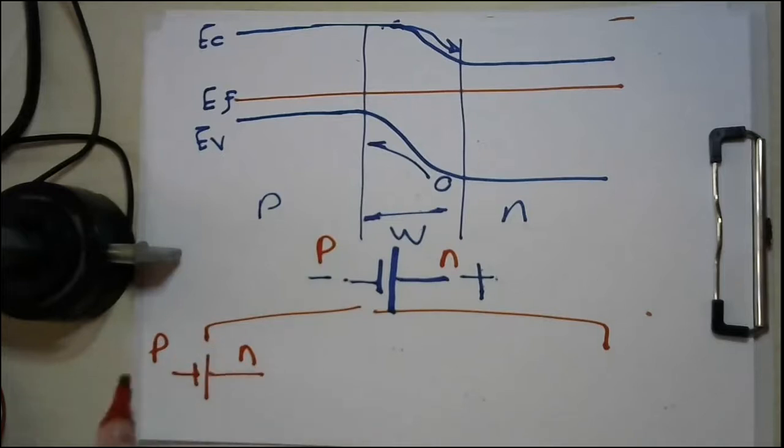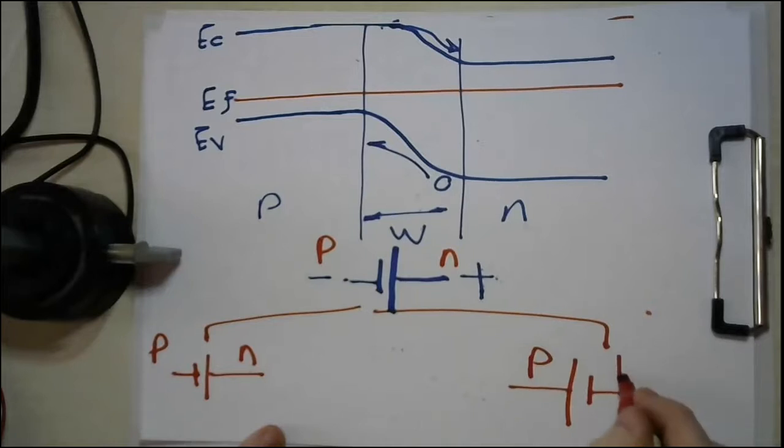Or you will connect a battery in the other direction. So basically, these are the two main conditions. What we are trying to do now is to understand what if we add a battery like this, or what if we add a battery like this.